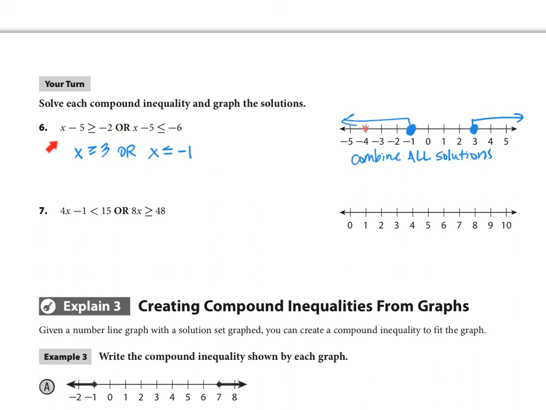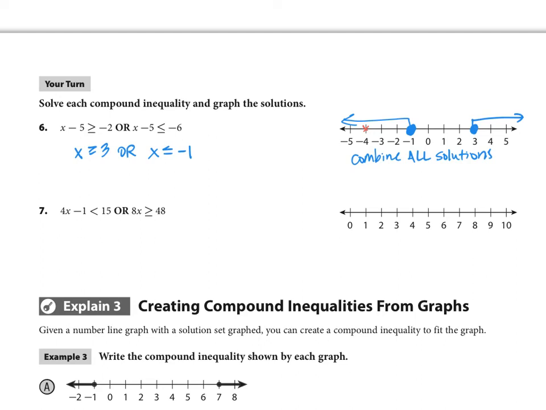Therefore, this whole compound inequality is true when x equals -4. If I'm thinking of the value 0, is 0 greater than or equal to 3 or less than or equal to -1? And the answer is that's false. It's neither one, right? So it's false. So 0 is not a solution in that case.